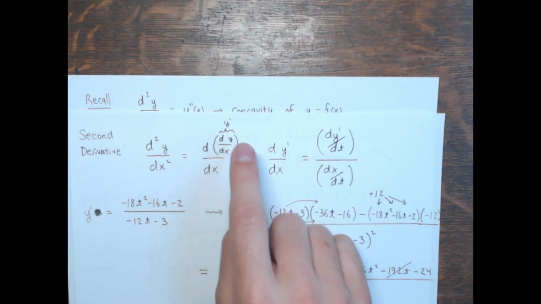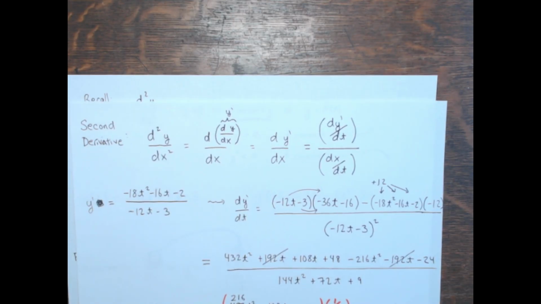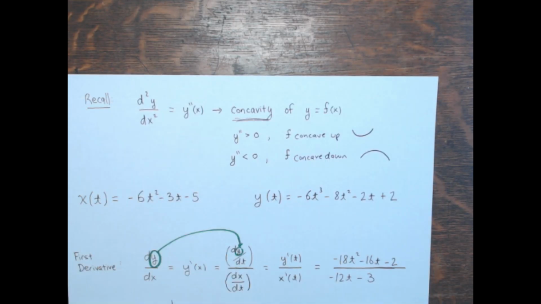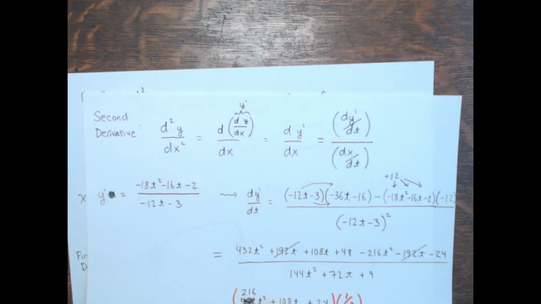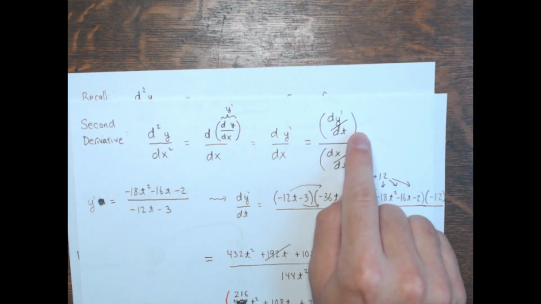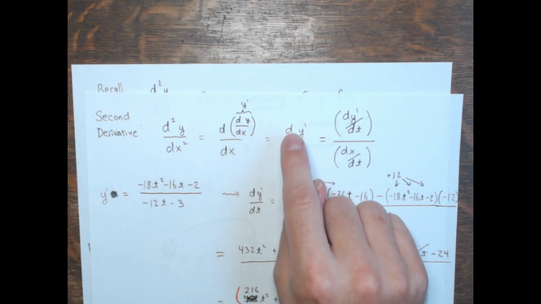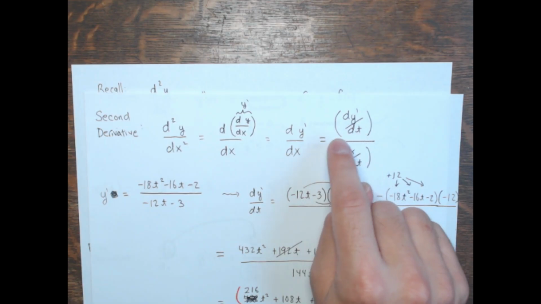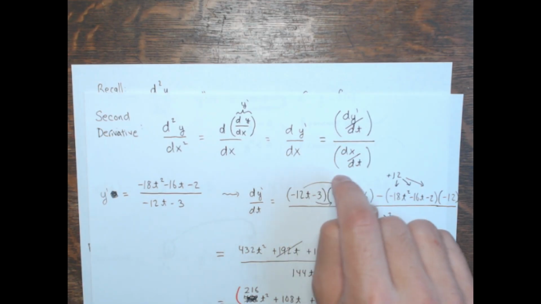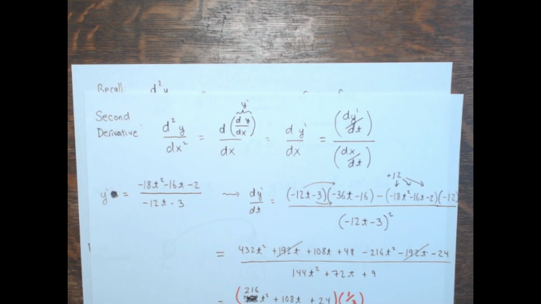And this first derivative, you found earlier. So then applying that parametric rule to it, you're taking the derivative of y prime with respect to t divided by the derivative of x with respect to t. Applying the same principle that you do for the first derivative to this second derivative.